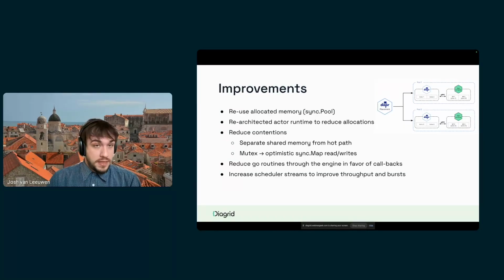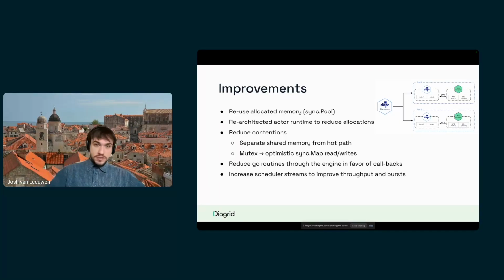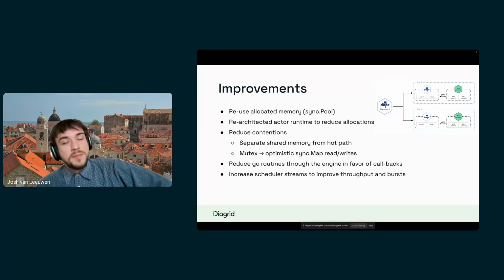A lot of the changes we made were about reducing memory allocation, so reusing data structures across different actors. In Go, we have a nice utility called sync.Pool, which allows you, once you're finished with a data structure that you don't need anymore, to give it to this pool of data structures of the same or different types, and you can pull from that pool at a later time without having to go back to the operating system and say, give me more memory.